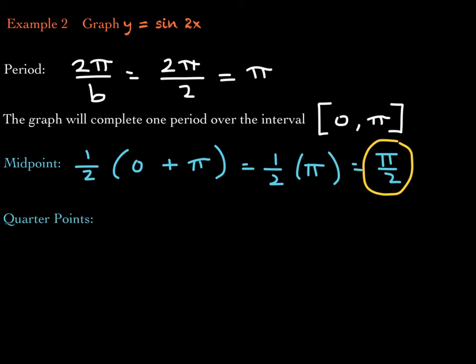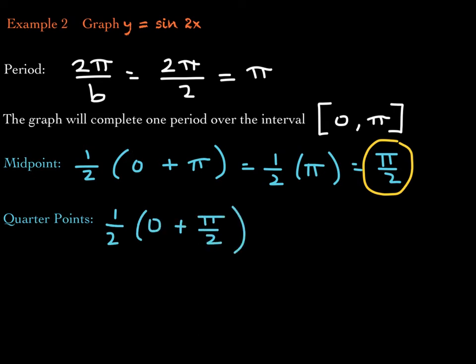Now, in order to find the first quarter point, what we're going to do is find the midpoint between the left endpoint and the midpoint, okay? We're going to find the distance halfway between the left endpoint and the midpoint. In other words, we take half of 0 plus pi over 2.